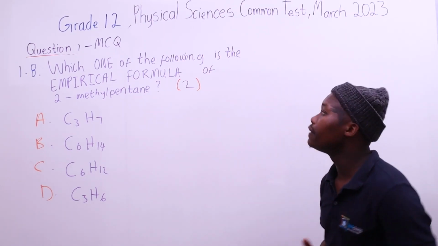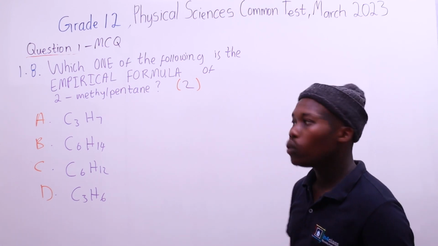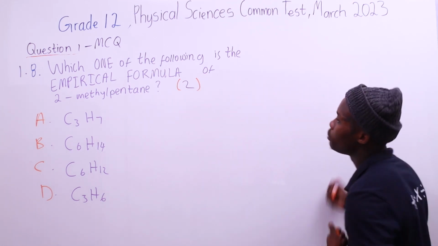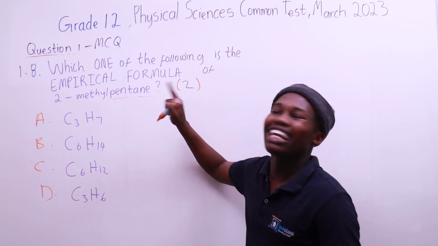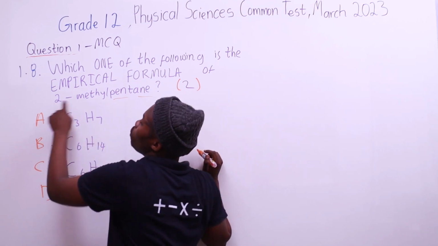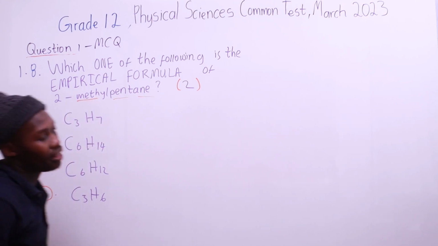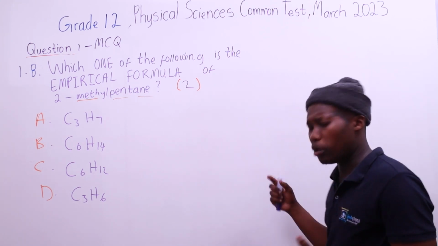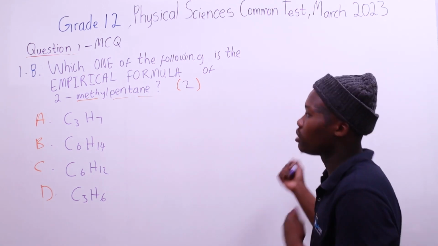Question 1.8. Which one of the following is the empirical formula of 2-methylpentane? 2-methylpentane. Let's draw it. We know that pentane ends in -ane, therefore this is an alkane. Pent, therefore it has 5 carbon atoms. But on the second carbon there is a methyl branch. A branch with how many carbon atoms? 1, because meth. It's not necessarily required that you draw it, but understand, it's not part of the answer.